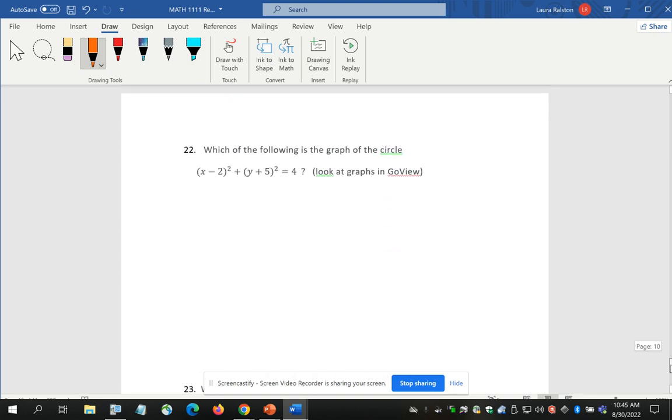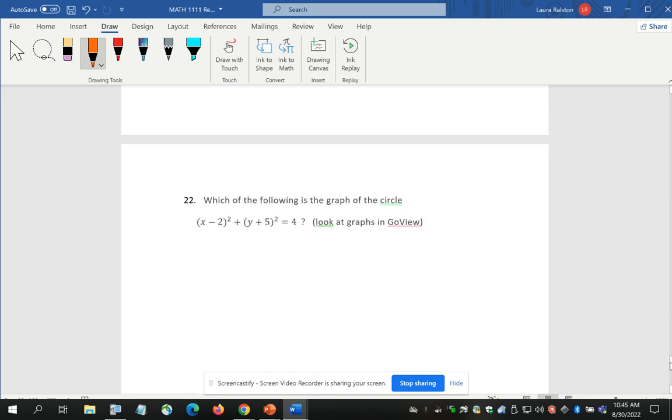All right, 22 and 23 deal with circles and looking at the graphs. Okay, it may help you here to recognize, before we go over and look at the graphs in GoView, that if you're looking at this circle, remember this is x minus h squared plus y minus k squared equals r squared.